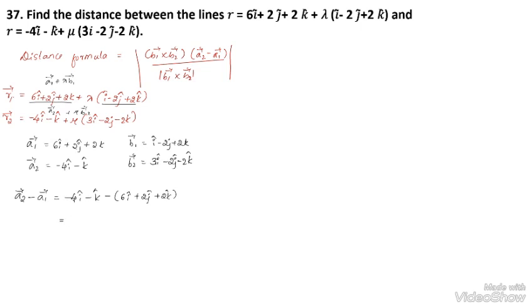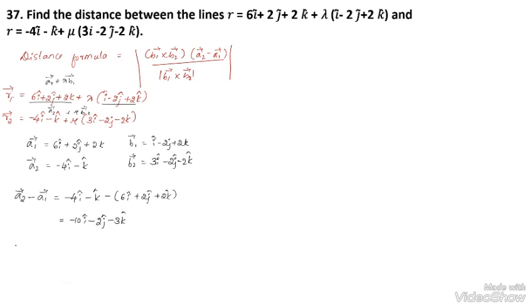Here minus 4 minus 6 is minus 10 i cap. There is no j element in a2, so it becomes minus 2j. Then minus k cap minus 2 k cap, that is minus 3 k cap.